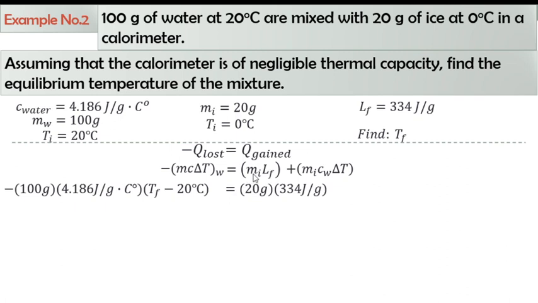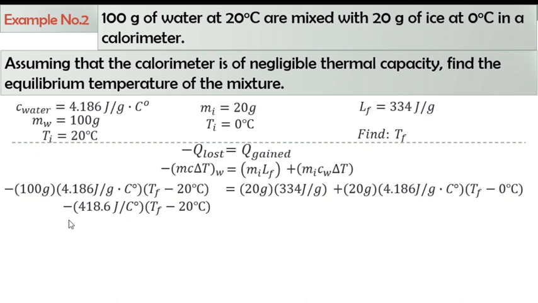On the right side of our equation, we have the mass of ice as 20 grams times the value of the latent heat of fusion as 334 joule per gram, plus another amount of heat to be absorbed by the melted ice, which is 20 grams times the specific heat capacity of water because it's already melted, times the change in temperature of the melted ice, which is the final temperature minus 0 degrees Celsius.